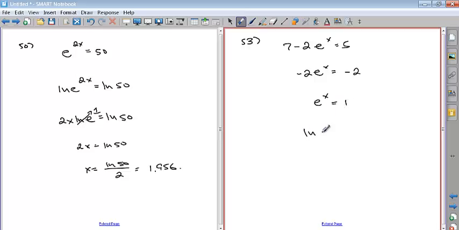Take the natural log of e to the x and the natural log of 1. The natural log of 1 is 0, and the natural log of e to the x is x. So x is equal to 0, which makes sense, because if you plug in e to the 0, you get 1. 1 times 2 is 2, then you subtract that, so 7 minus 2 is 5.